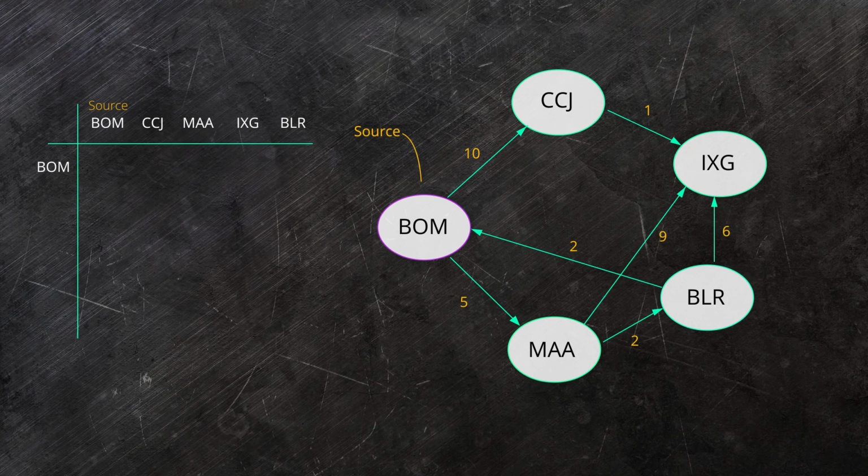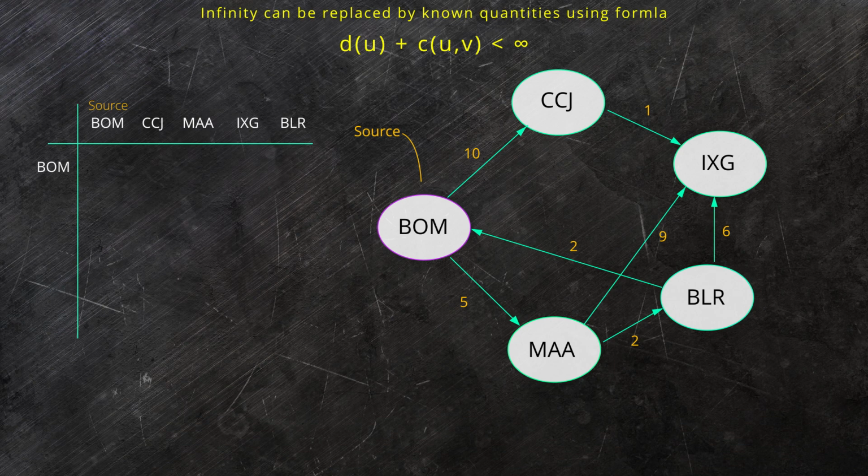Now let's see, you will be using the same formula. That is, distance of u plus cost of u to v.